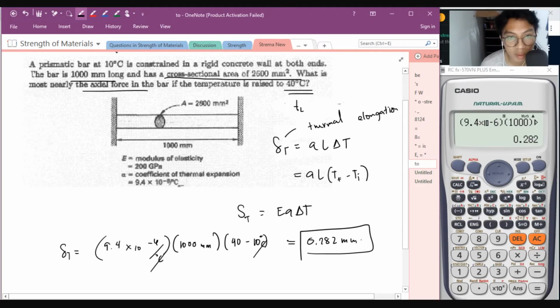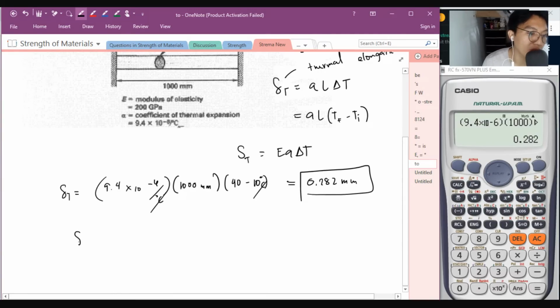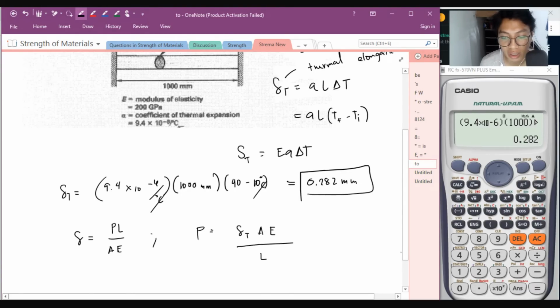What are we looking for? The axial force in the bar. How do we get the axial force? Simple: when you have deformation, you have PL over AE. So we solve for P: the thermal elongation, the same deformation, times A times E divided by the length.